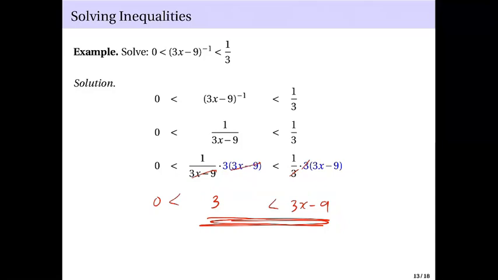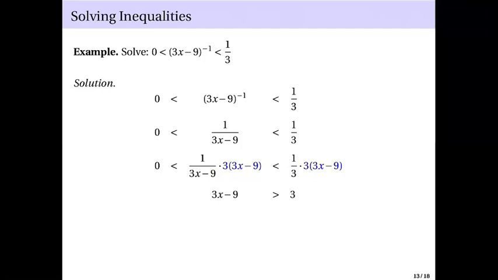Okay, that's why we have this 3x minus 9 greater than 3. So there's a question where did 3 come from? In this part, you see you have 1 over 3. I just want to cancel that 3 here. So I have to multiply by 3 also. Okay?